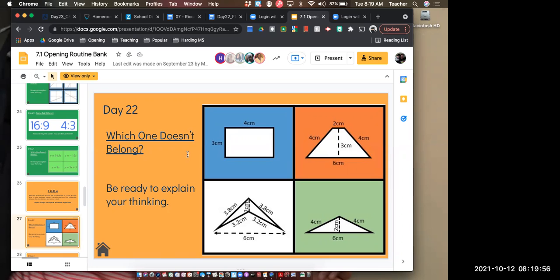Oh, it's a parallelogram. So a majority of them have that 14 in common. The only one not would be the orange one.